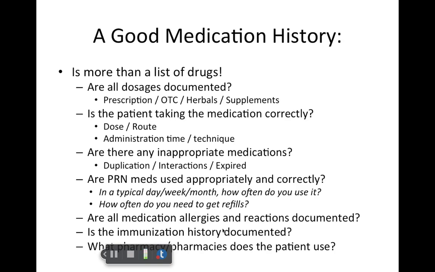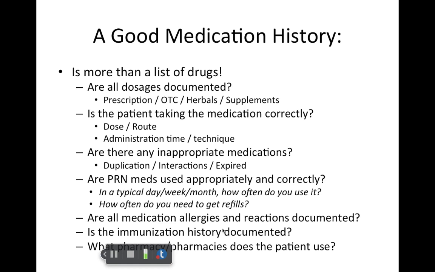So what is the list going to include? Well, a good medication reconciliation is not just a list of drugs. And this is what a lot of my students sometimes do early in their APPEs. If a patient comes into the clinic and provides them their wallet card of their medicines, for example, they just assume that wallet card is up to date, which sometimes it is, sometimes it's not.